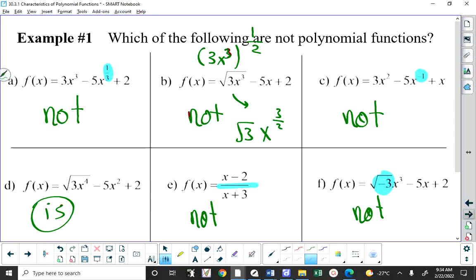It's fractional. If we do the same thing here, this is going to become, well, I'll just leave it as root 3, x to the 4 raised to the half. When you multiply those exponents, because that's what you do when you have a power of a power, you're going to get 4 times a half, which is 2. So this becomes root 3 x squared.